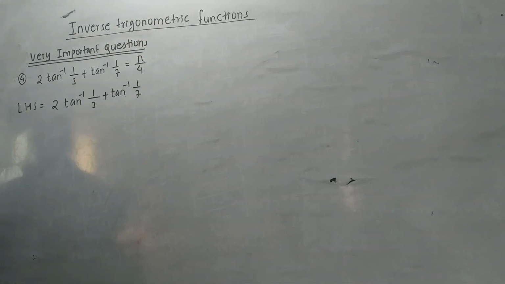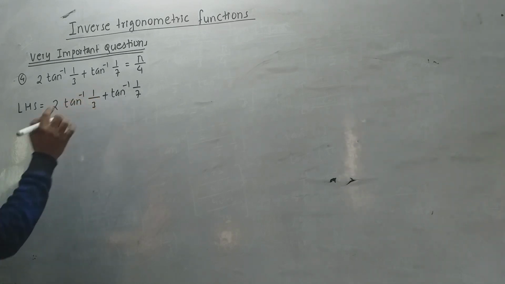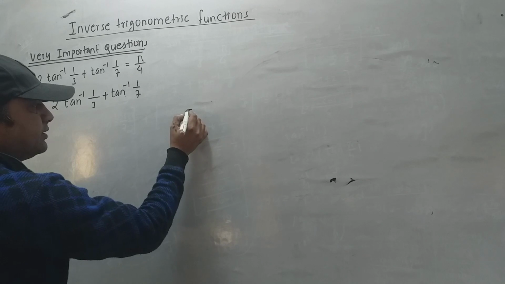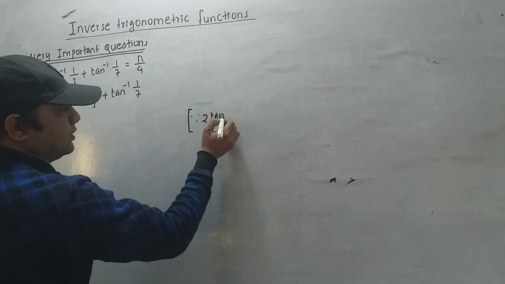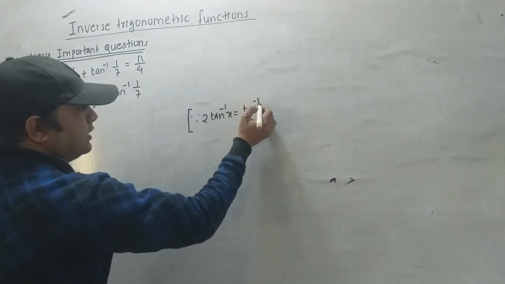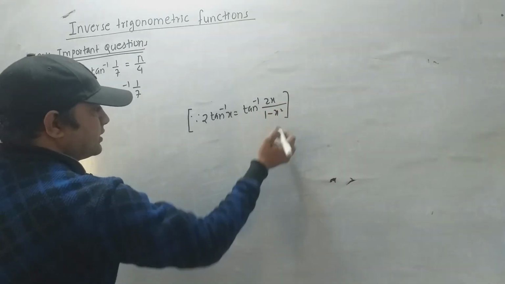Now in the formula section we have already discussed 2 tan inverse x. So let me write the formula for 2 tan inverse x here. 2 tan inverse x in terms of tan will be tan inverse of 2x whole divided by 1 minus x square.